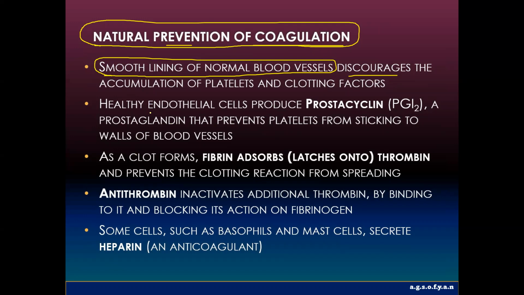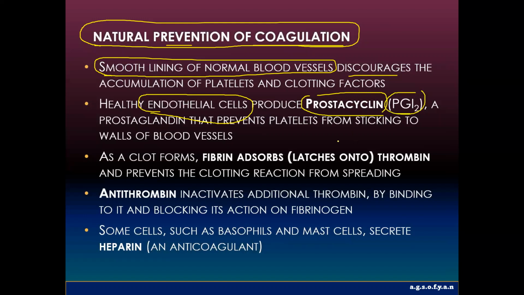Also, the endothelial cells, the inside layer of the blood vessel, will produce a natural blood thinner. It's called prostacyclin, which is a type of prostaglandin number 2.